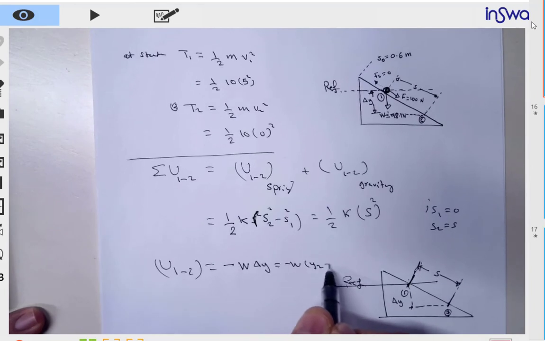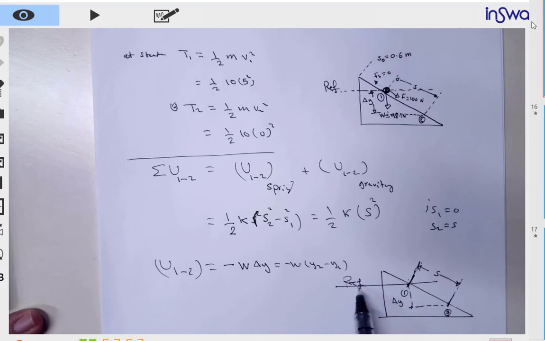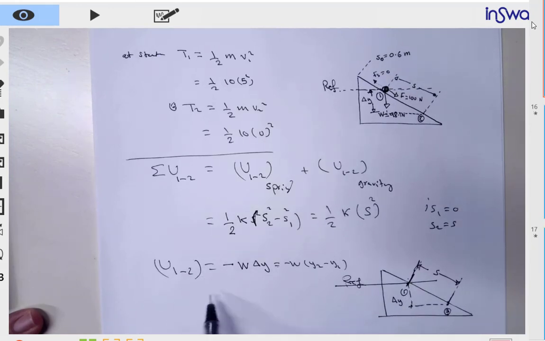Since this is my reference and it's going downward, this is expected to be a positive value, meaning that I don't really need work.